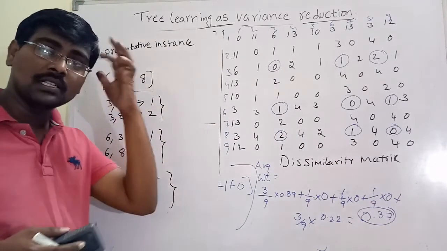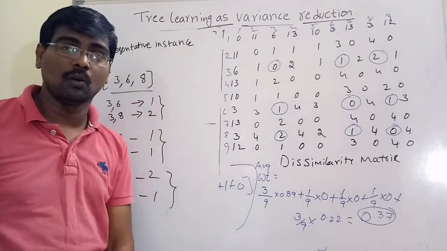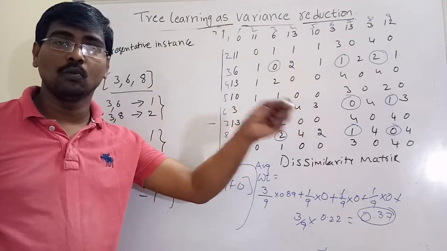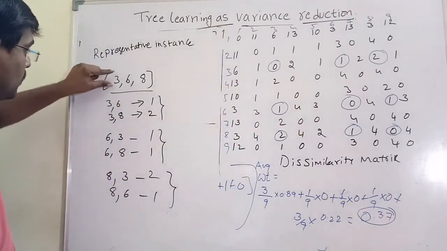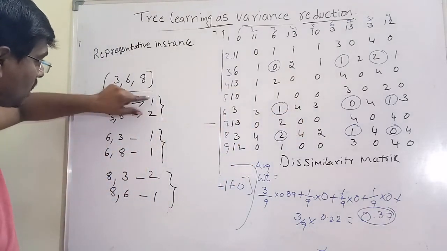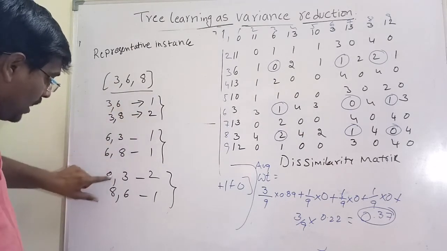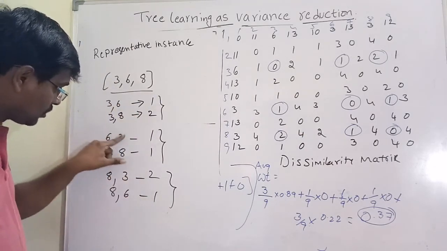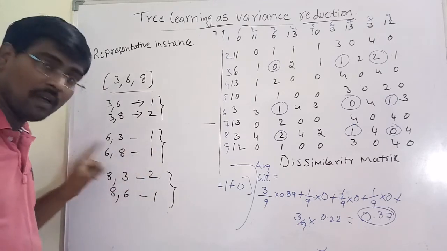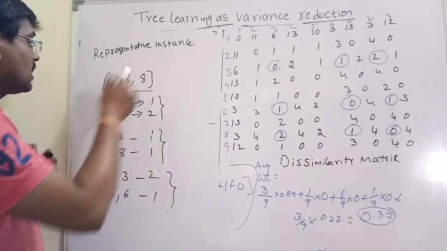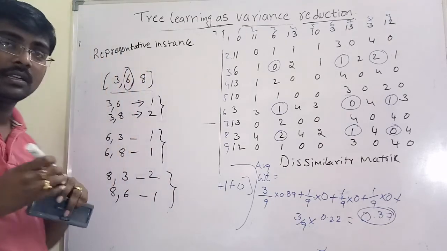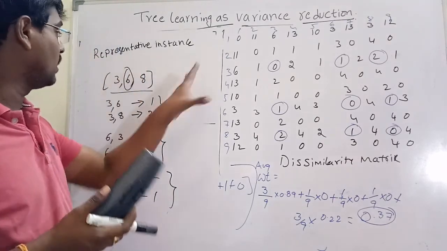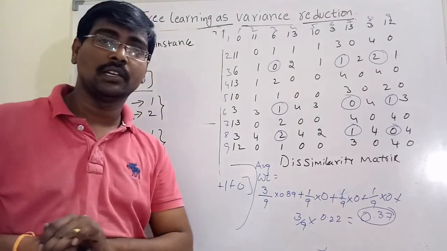A representative instance means all the dissimilarities are low, from that particular instance to all other instances in the group. 3 to 6, 3 to 8, the values are 1 comma 2. 8 to 3, 8 to 6, the values are 2 comma 1. But observe that from 6 to 3 and 6 to 8 we have low values. So 6 is the representative instance. We are constructing the tree by using this representative instance.